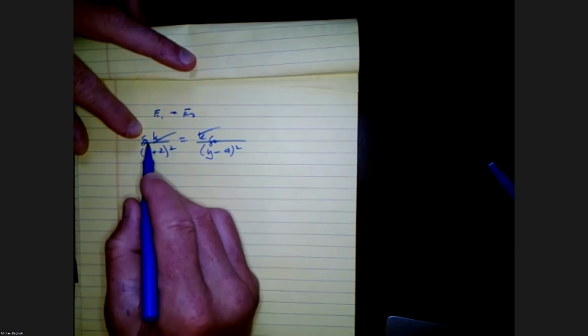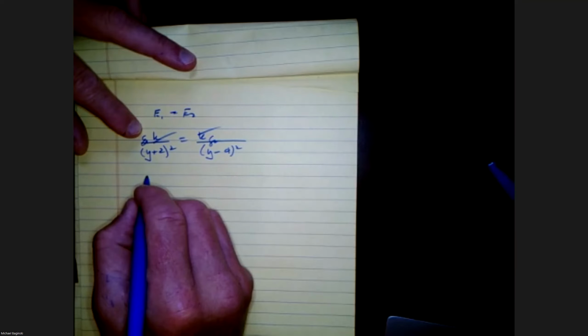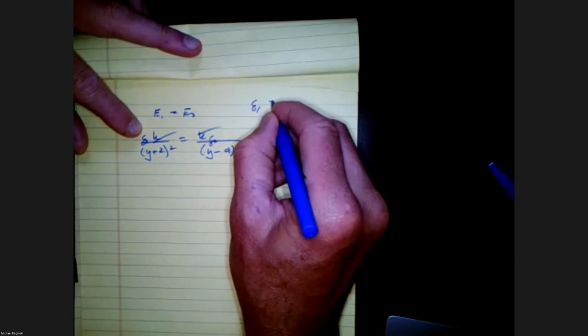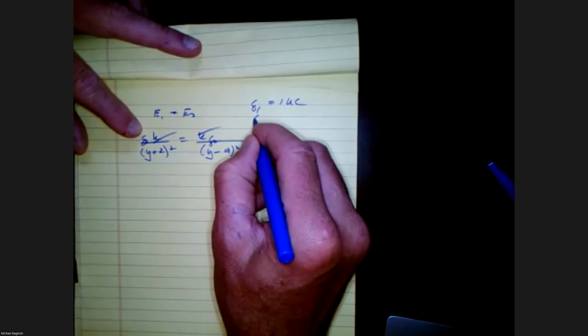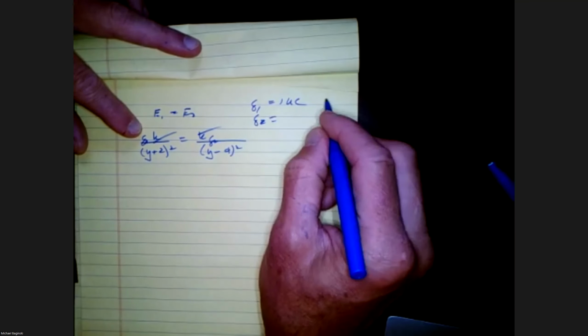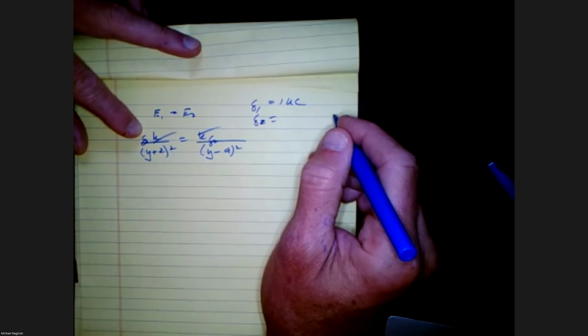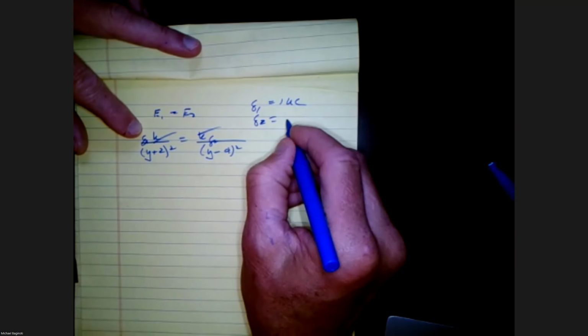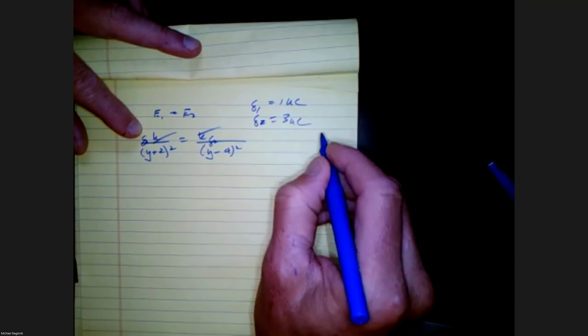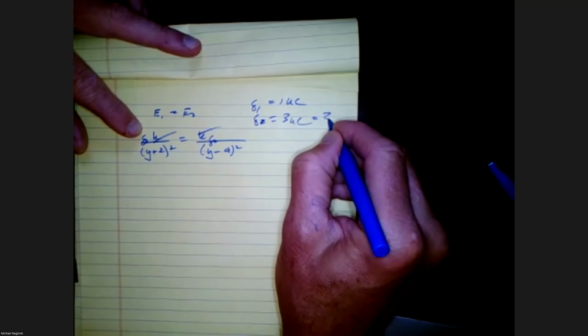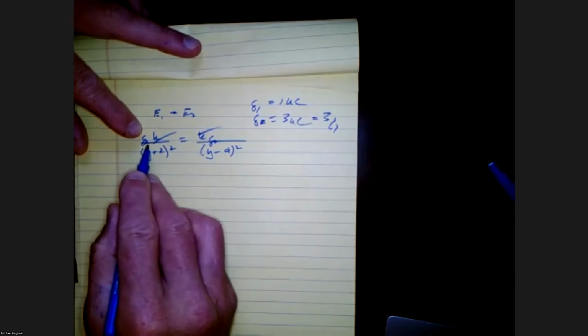well, if I do this, Q1 is equal to 1 microcoulomb, and Q2 is 3 microcoulombs for the first part. So really, Q2 is equal to 3Q1. So I'm going to just put it here.